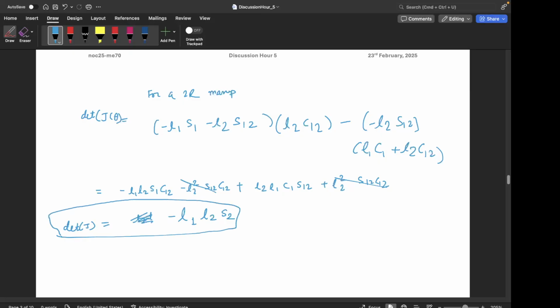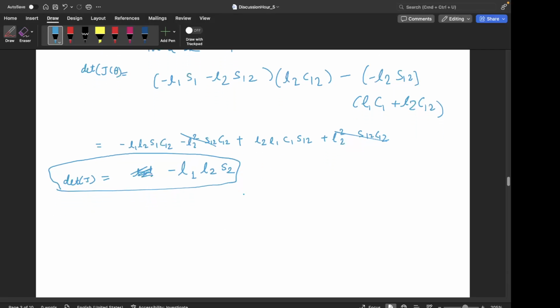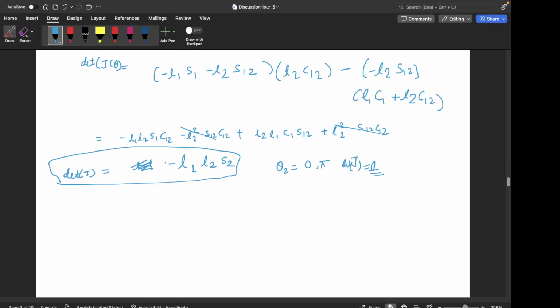Now what we are interested in is at what angles theta 2 equal to 0 and pi the determinant of J is 0. And this is an important concept called singularity.